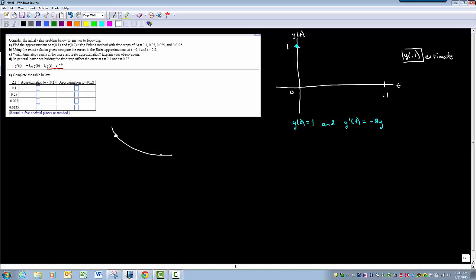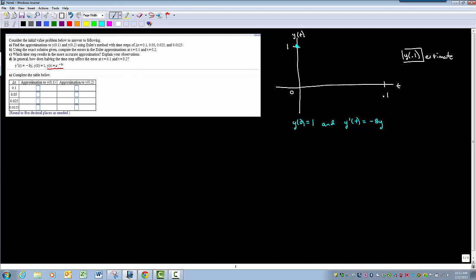Now let's say I want to estimate the height value of this point right here. What I could do is take the tangent line slope right here, and use the point on the tangent line to estimate this one. So that's what we're going to do.